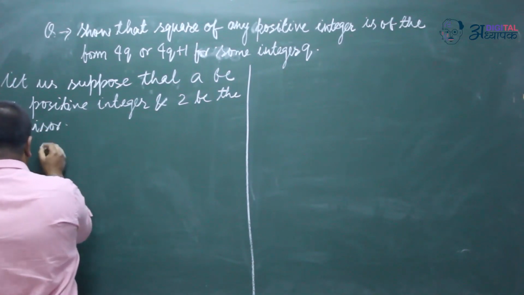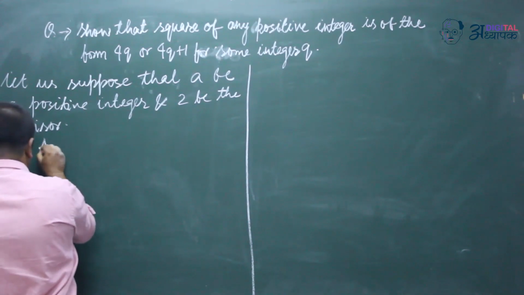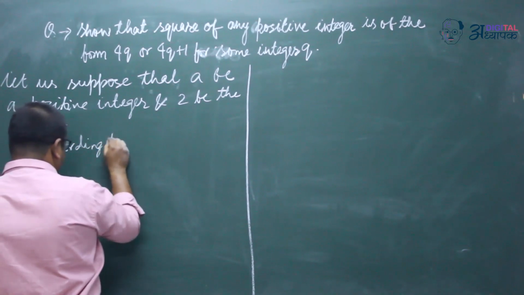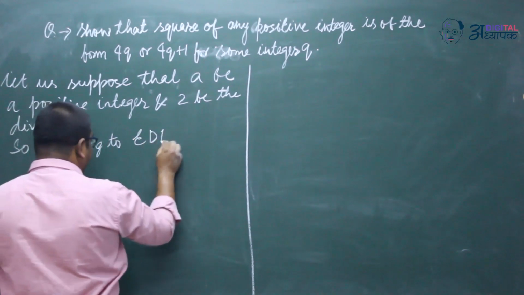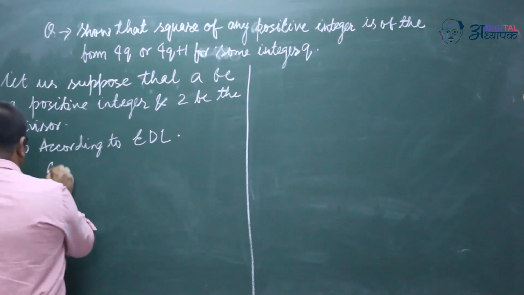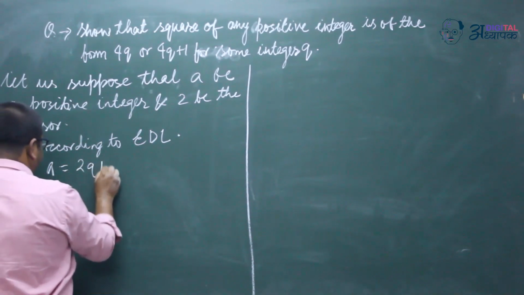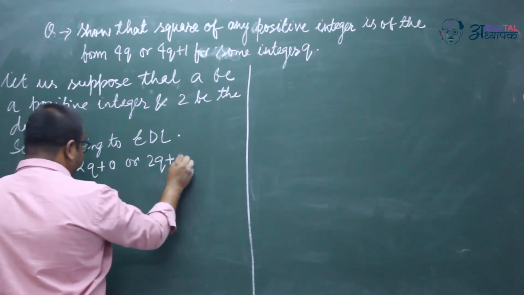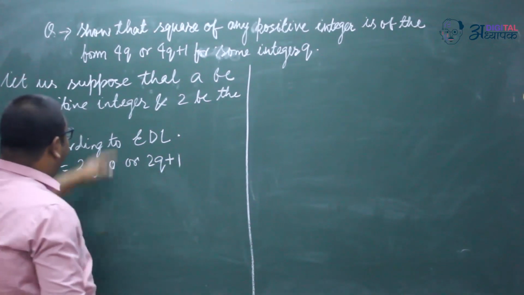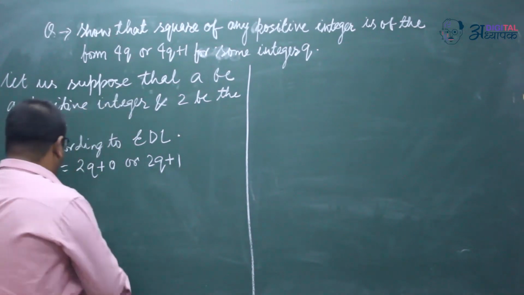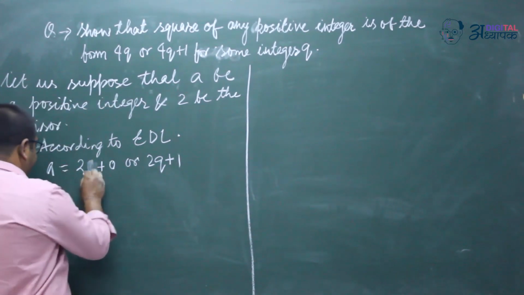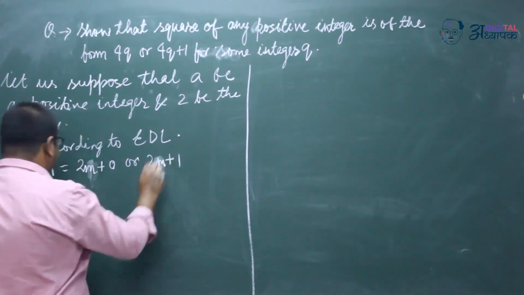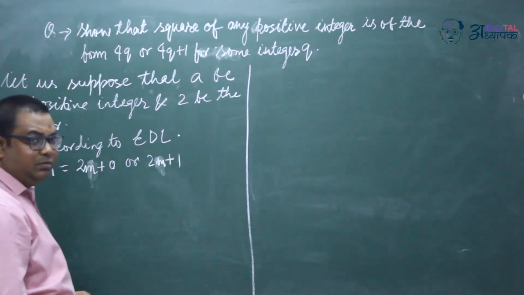So according to EDL, that is Euclid's division lemma, a is either equal to 2q plus 0 or a is equal to 2q plus 1. As I have to bring it in the form of q, in place of q I should take m here, so that there should not be any confusion. So I will write a is equal to 2m plus 0 or 2m plus 1.